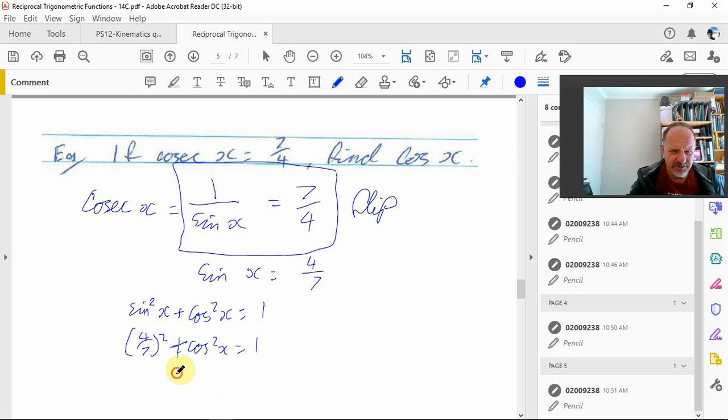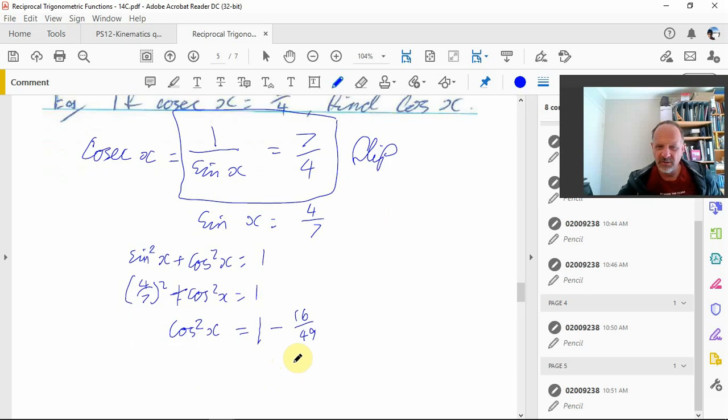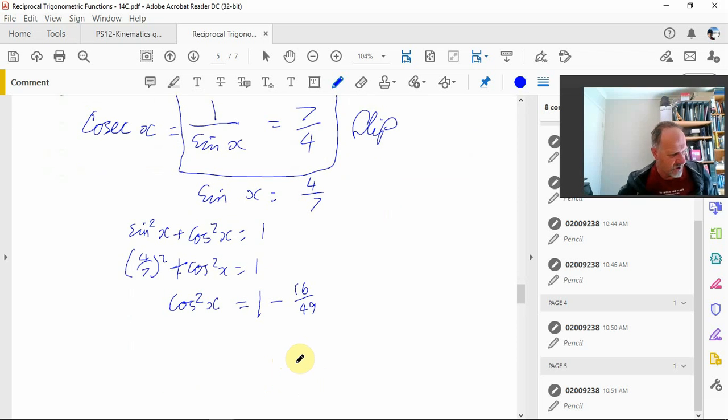So I'm going to do 2 steps at once. I'm going to move it and square it. So 16 on 49. So 1, of course, is 49 49ths. And 49 minus 16 is 33.